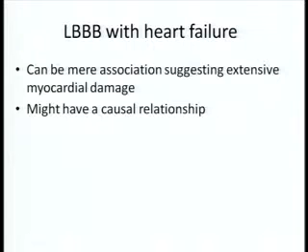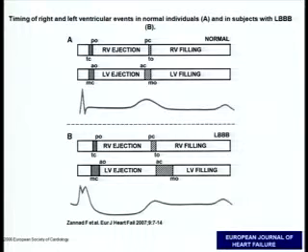So this may be one indication that LBBB is an early sign of cardiomyopathy and the conduction system is involved before the muscles, or maybe the LBBB has some causal relationship with the heart failure, which is true, because left bundle branch block causes dyssynchrony, and that can contribute to the origin of heart failure or worsening of heart failure, both.